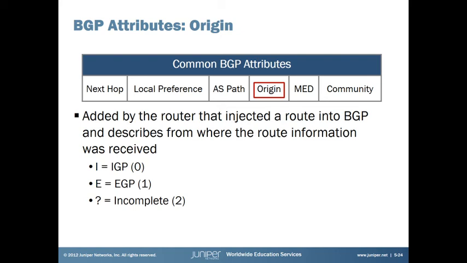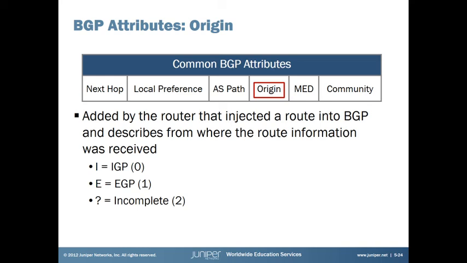All the routes that it knows about were obtained from another protocol, either by policy or by configuration. So there are three possibilities. It either got the route from an IGP, it got it from an EGP, or it doesn't know where it got it from. It got it from somewhere else.